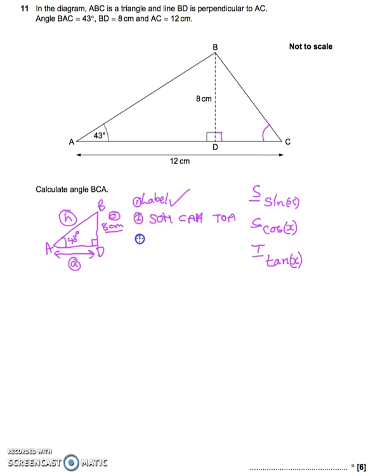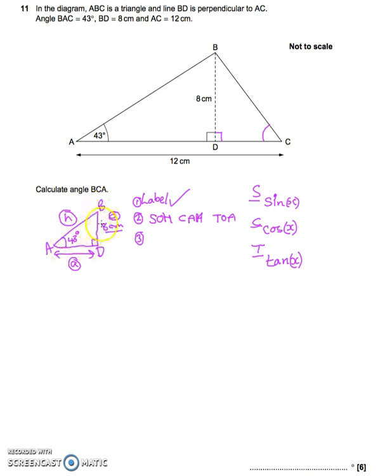Third step is the one where some people get tripped up. It's identifying which one of these 3 trig ratios we need to use for this problem. We find that by looking at the things that we've got in the question. We've got the opposite side, and we've got this angle BAD. We have the angle.